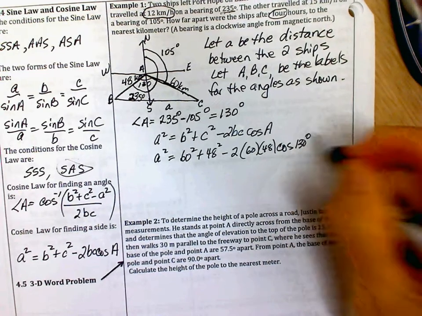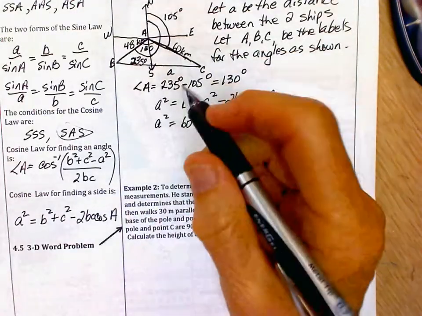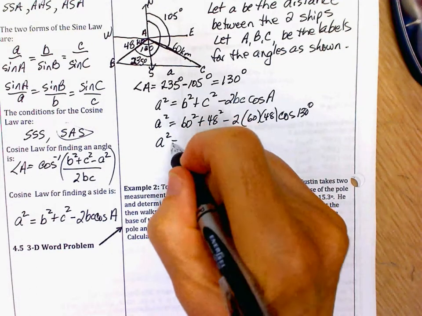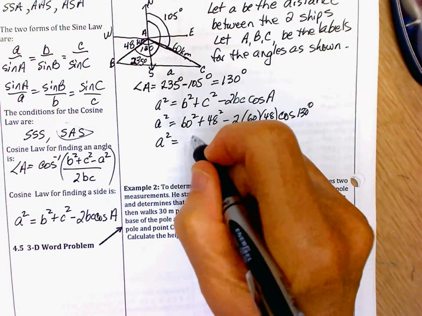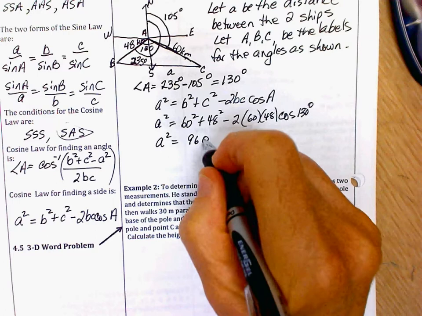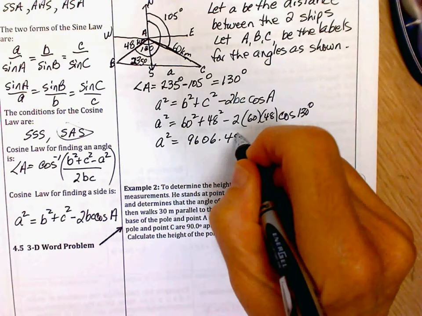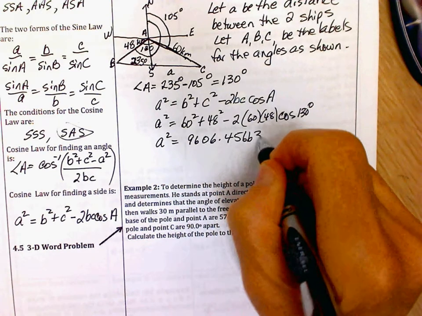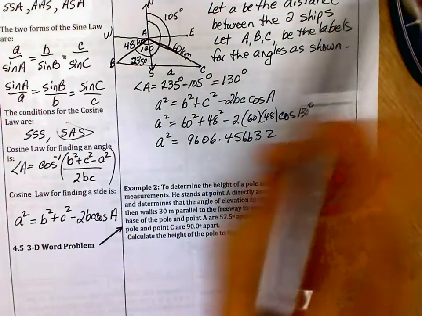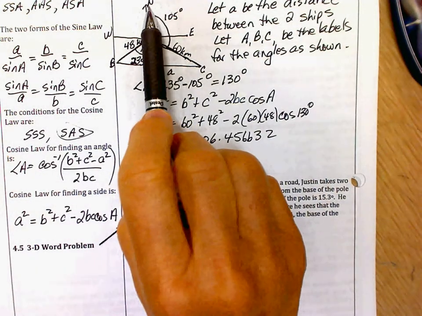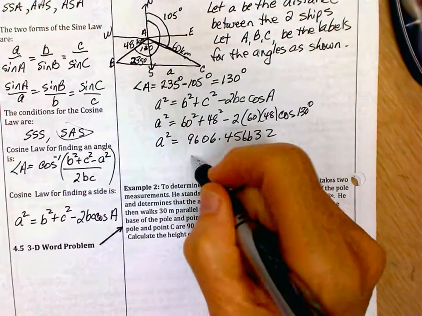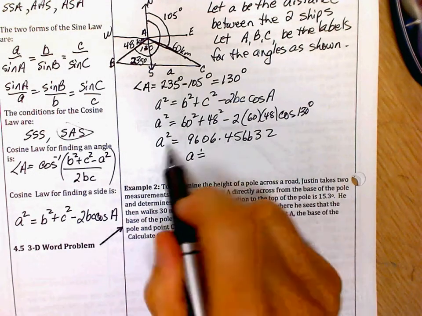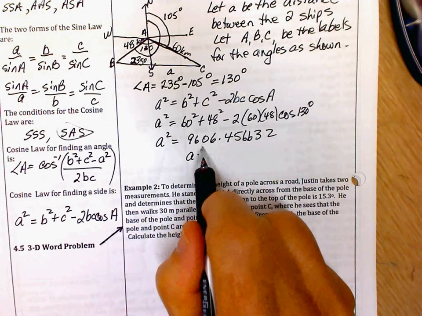Okay, and so I'll calculate that, and that works out to be 9606.456632. Now they want it to the nearest kilometer. So A is approximately, take the square root, A is approximately 98.